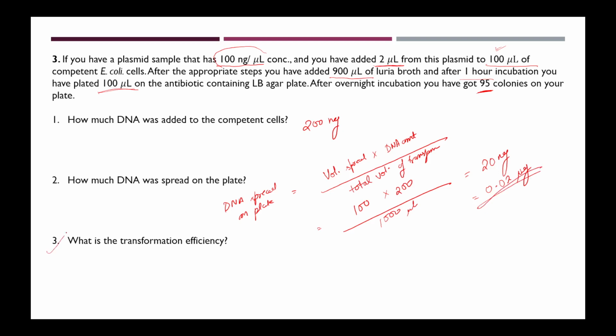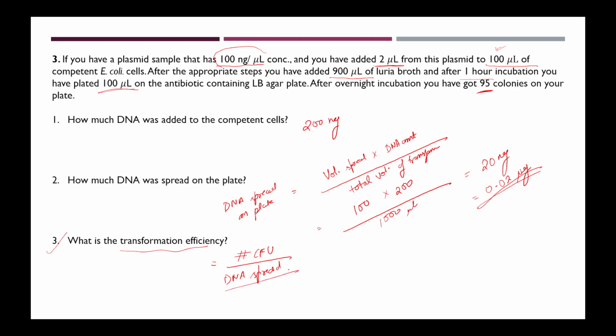The next question is, what will be the transformation efficiency? Does anyone know the formula? How you calculate the transformation efficiency? Ninety-five divided by 0.02. Yes, so to calculate the transformation efficiency, you calculate by number of CFU divided by DNA spread on the plate.